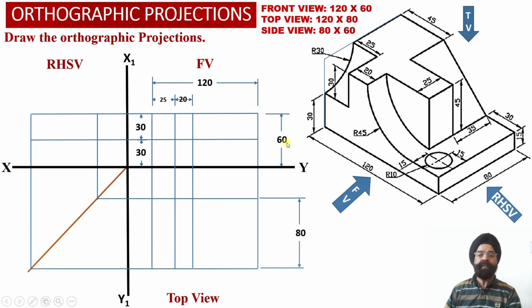So this way we are going to obtain this distance over here as 45 millimeter. At a distance of 45 millimeter from this edge over here, we have been able to evaluate a vertical projector line into the front view projections, and this vertical projector line we have been able to transfer into the top view projections as well.